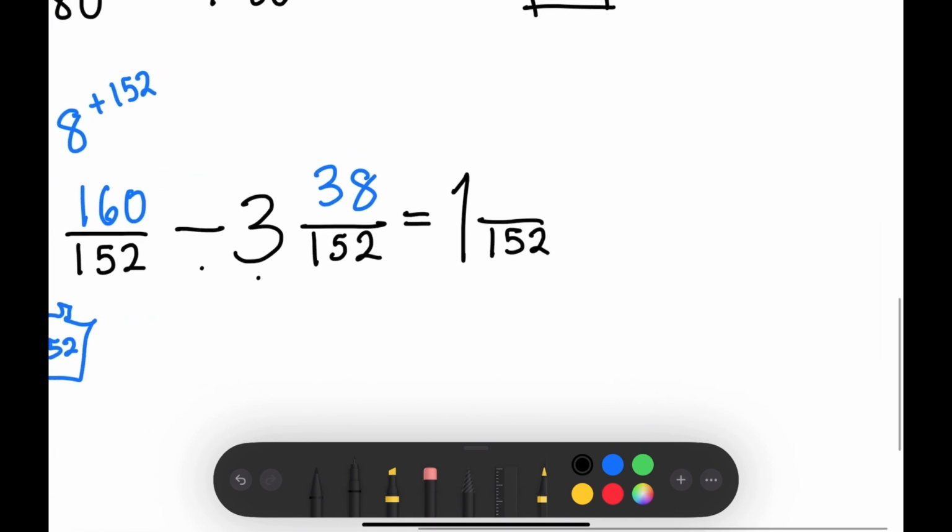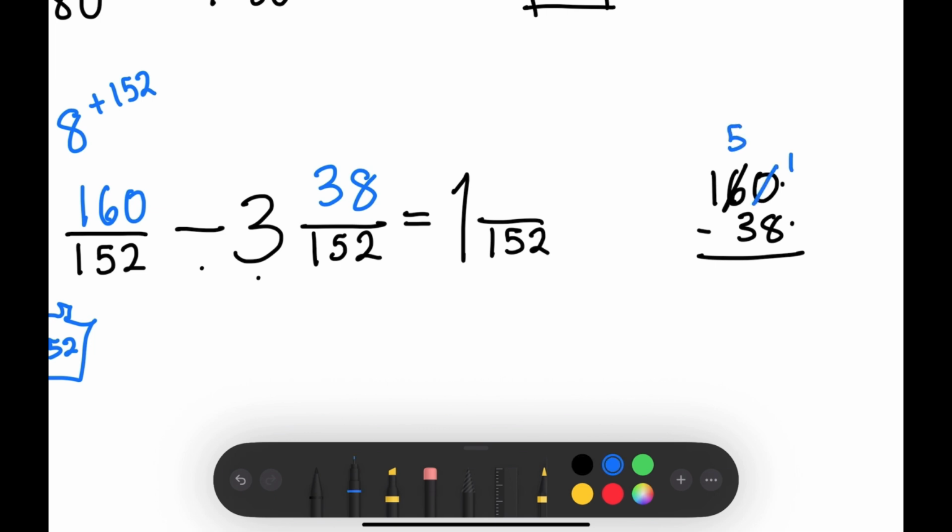And now I'll subtract 160 minus 38. Okay, I can't do 0 minus 8, so I have to borrow from 6. And 6 becomes a 5, and the 0 becomes a 10. 10 minus 8 is 2. 5 minus 3 is 2, and we bring down the 1. 132.